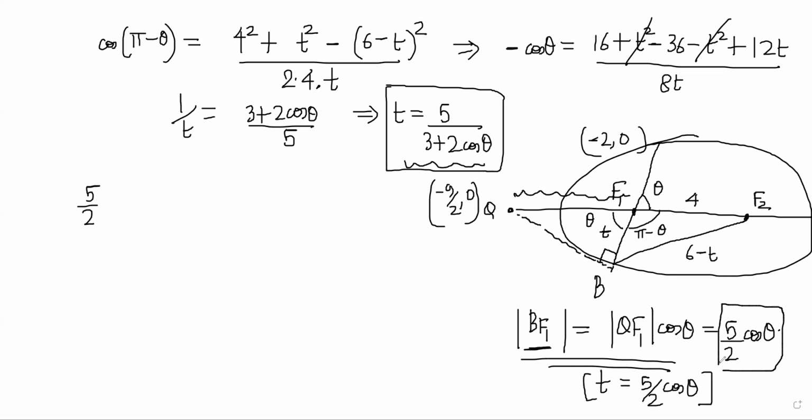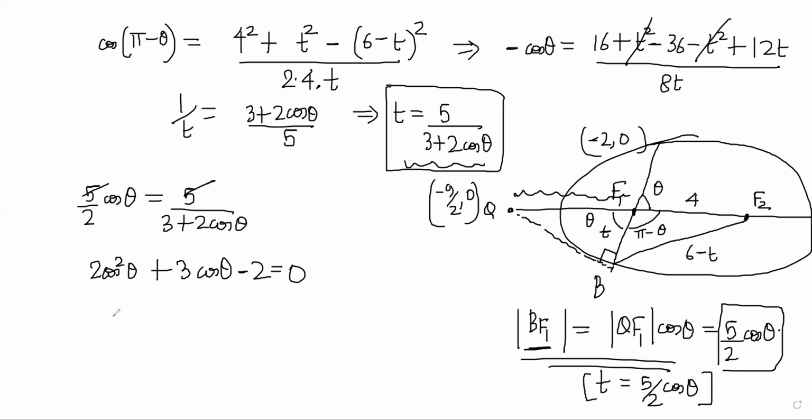So 5 by 2 cos theta is equal to 5 by (3 plus 2 cos theta). And simplifying it a little bit, you will get 2 cos square theta plus 3 cos theta minus 2 is equal to 0, where you get cos theta can be half.